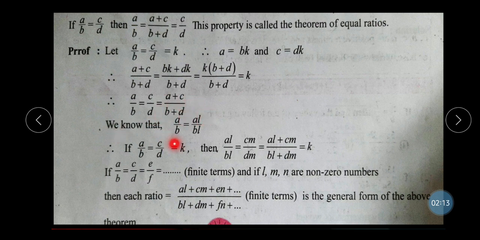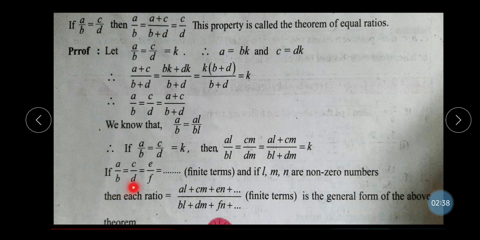We know that a/b = al/bl. If a/b = c/d = k, then al/bl = cm/dm = (al+cm)/(bl+dm), that is equal to k.